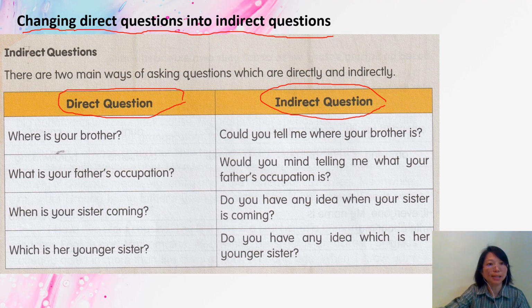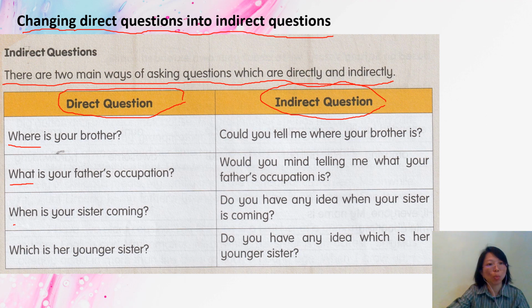Now here it says there are 2 main ways of asking questions which are directly and indirectly. Now let's look at the direct question first. Direct question always begins with where is your brother? Or you can use what is your father's occupation?